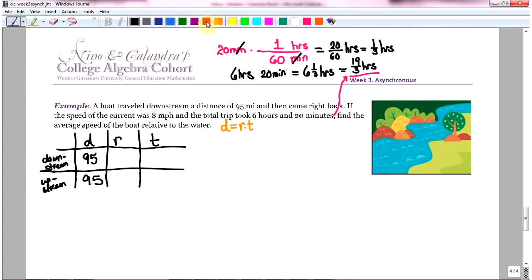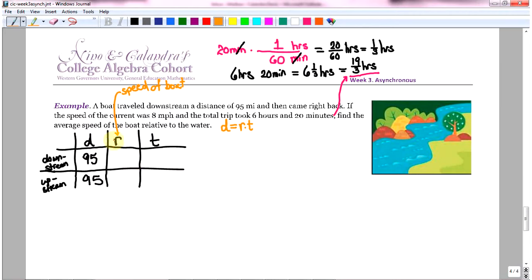Let's let R represent the speed of the boat. Since our boat was traveling downstream, it was traveling with the current, so the current's going to push it along faster.